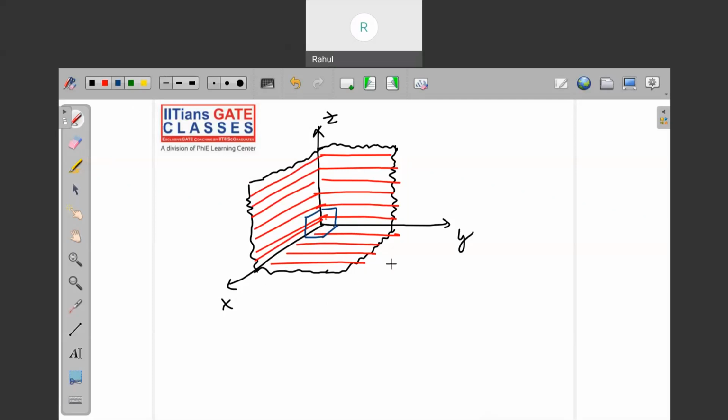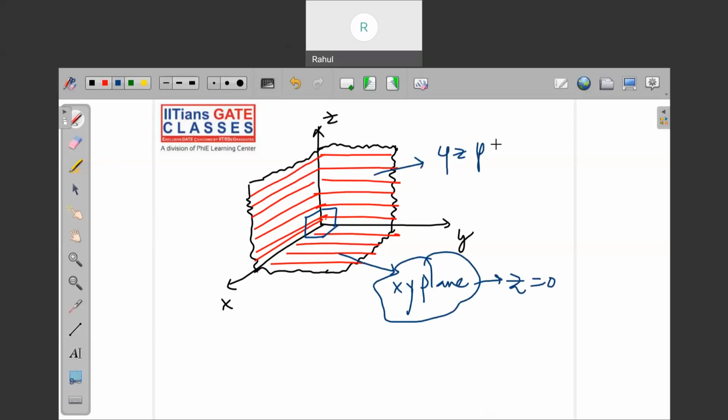So this is your xy plane. In the xy plane, z is equal to 0. Remember, this is your yz plane. What is fixed here? x is equal to 0. In the yz plane, x equal to 0, so you have to accept it.